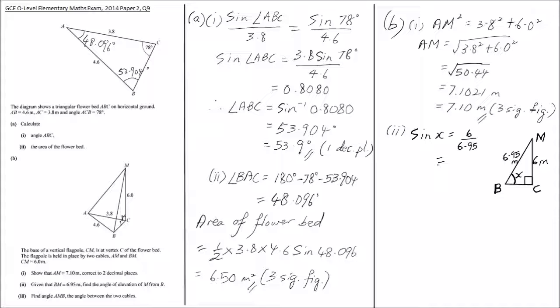That will give us the value 0.8633. So the angle X is the inverse sine of this value. We get the answer 59.69 degrees. Again, rounded to one decimal place will give us the angle 59.7 degrees.